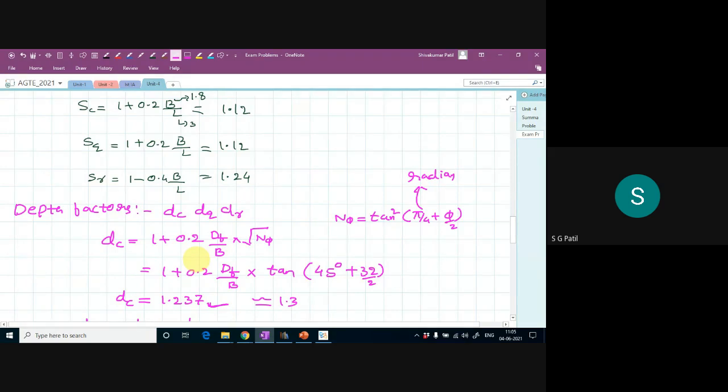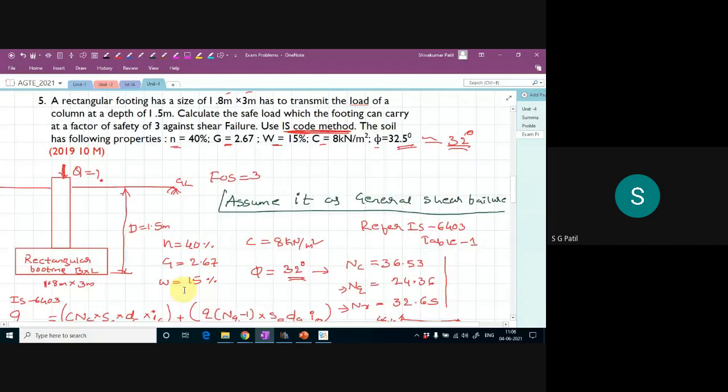Plus 45. Tan of 45 plus this answer, multiply by depth of footing. Depth of footing 1.5, divided by your breadth 1.8, plus 1.